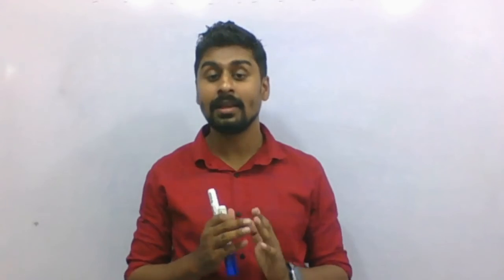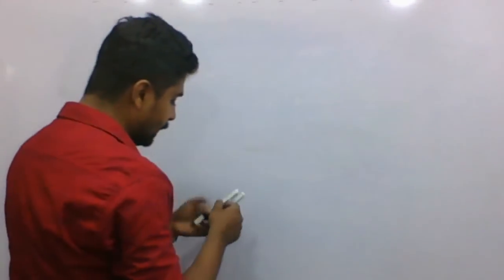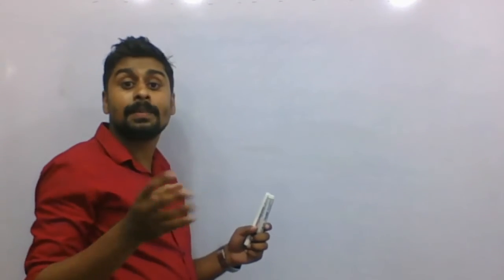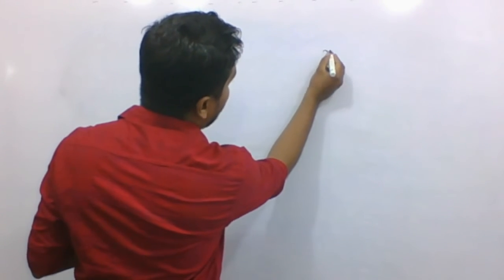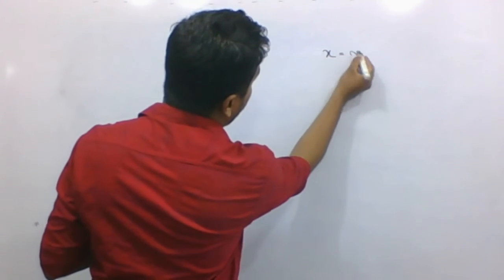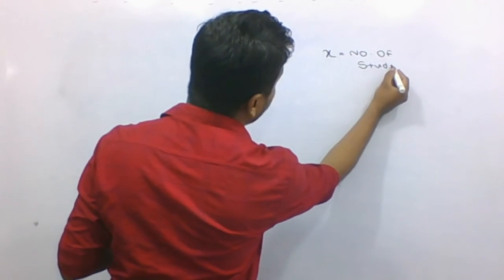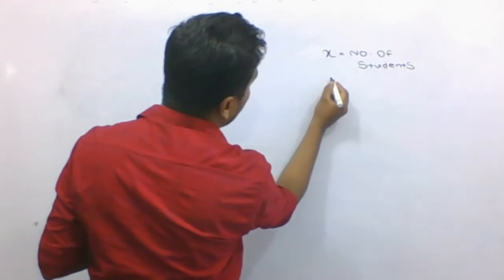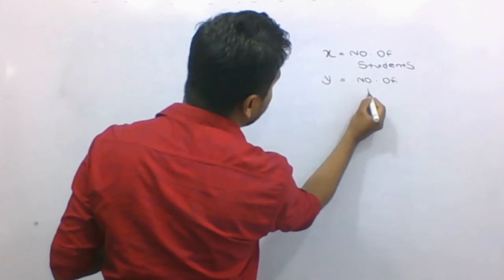Let's see. First, we are going to introduce the number of teachers and the number of students using unknown terms. We should do this on the side, otherwise we can get confused. Here I am taking x as the number of students, and y as the number of teachers.